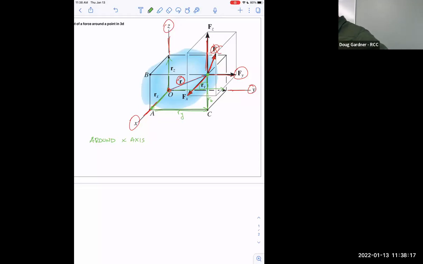Well, notice it's very important. You're staring at the x-axis. So we're basically saying how much does it want to rotate just around x? Well, notice that the force of x right here isn't going to cause any rotation around x because it's parallel to x. Do you see that? It's pushing in the same direction. So the force of x isn't going to do anything to get it to spin around x.